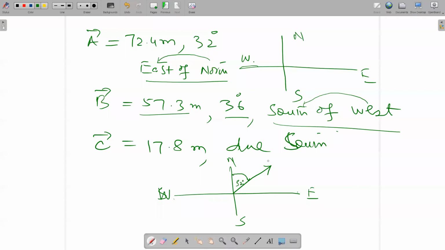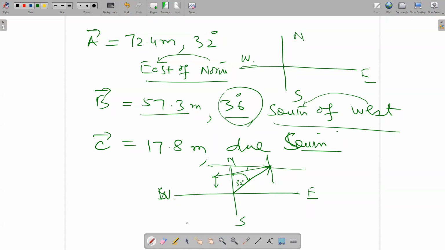So here, what you will do? You can draw a line north south, and then it will be here like this one. And how much angle is here? This is 36 degree. Then due south. Due south means it is going towards south.